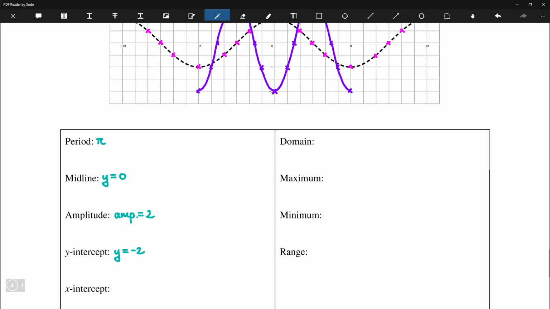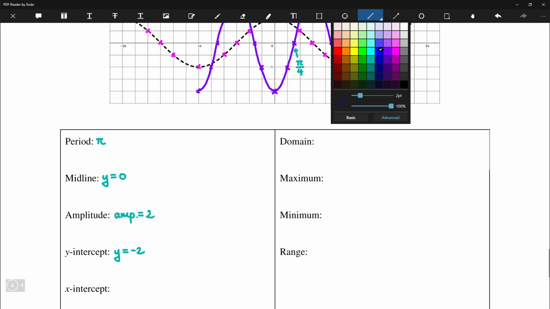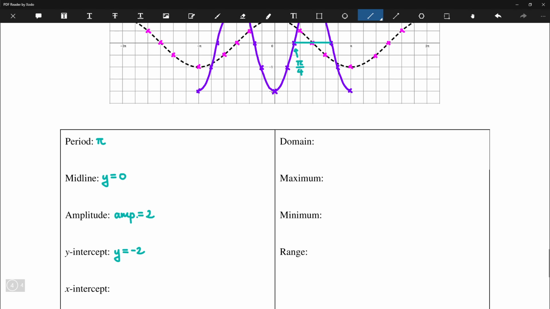Okay, next up is the x-intercept, which is a little bit more complicated. This first x-intercept is 1/2 of pi over 2, so this is pi over 4. And notice between the first x-intercept and the next one, the horizontal distance is, let's see here, this distance right here. And that's actually pi over 2.